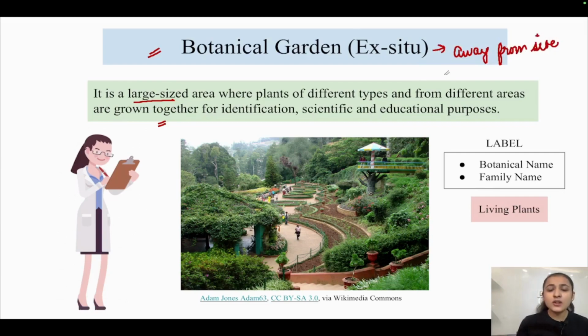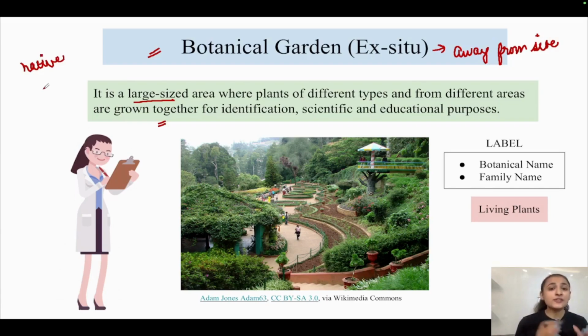Okay, they are not growing in their native place. They have been taken and grown in a separate, large-sized area which is away from their native site. So a botanical garden contains native plants also, those plants that belong to that particular region.